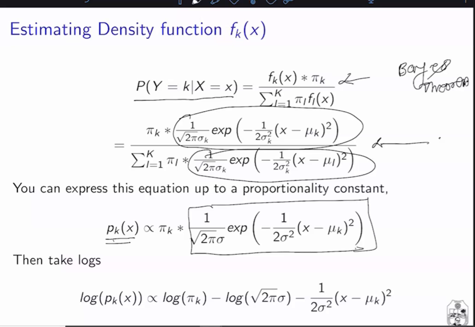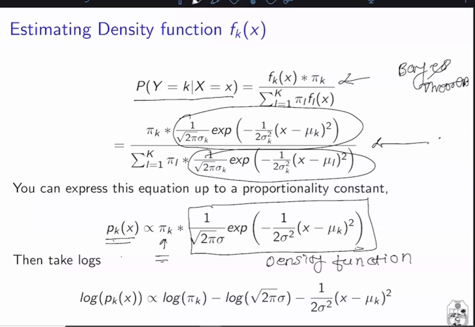Here, what I am saying is that the posterior probability is directly proportional to pi k. What is pi k? Pi k is our prior probability. The posterior probability is directly proportional to the prior probability times the density function.